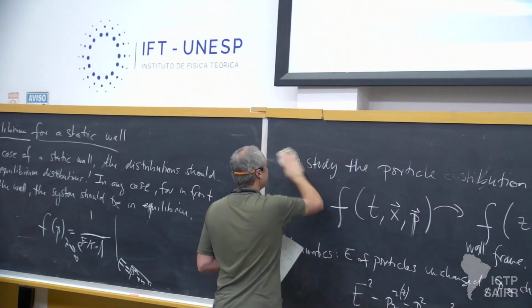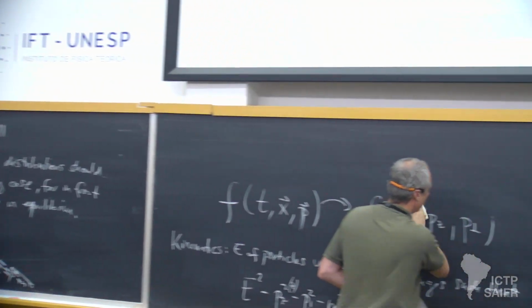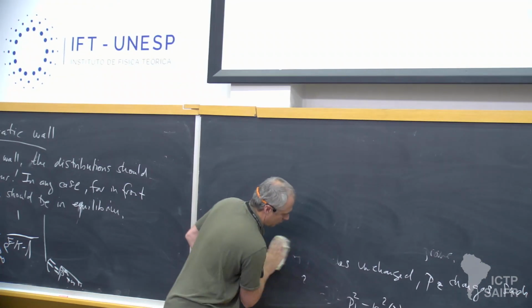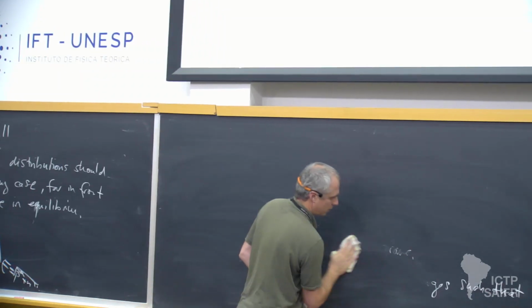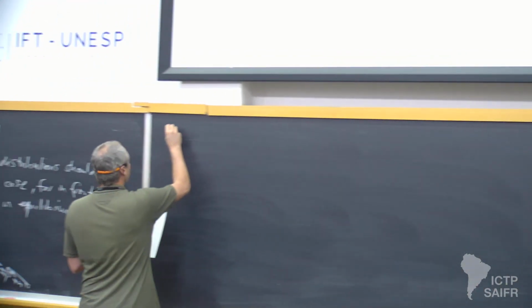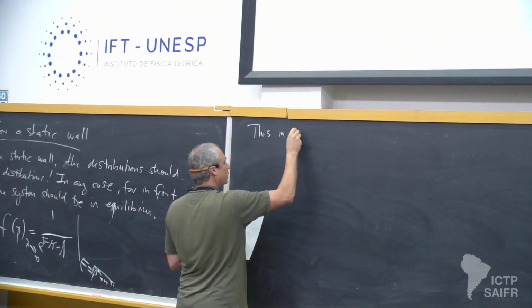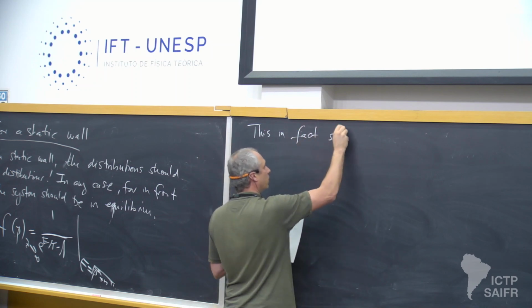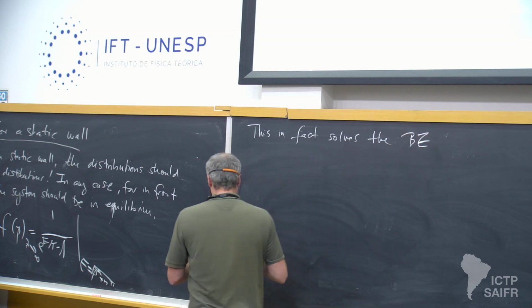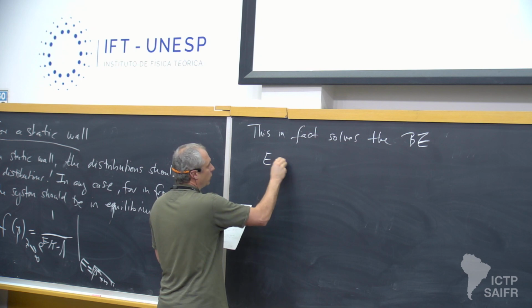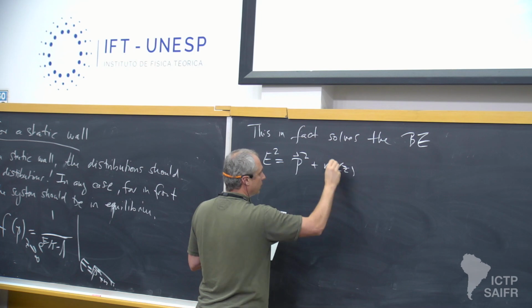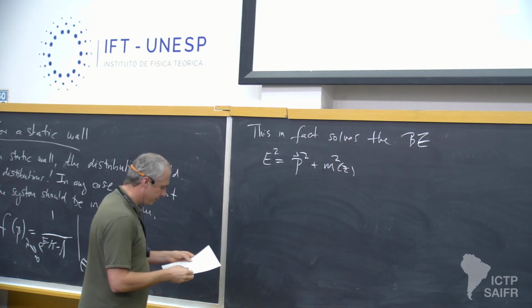And in fact, it does. The only generalization you have to do is that now the energy squared is the p squared plus the m squared at the specific location, right?